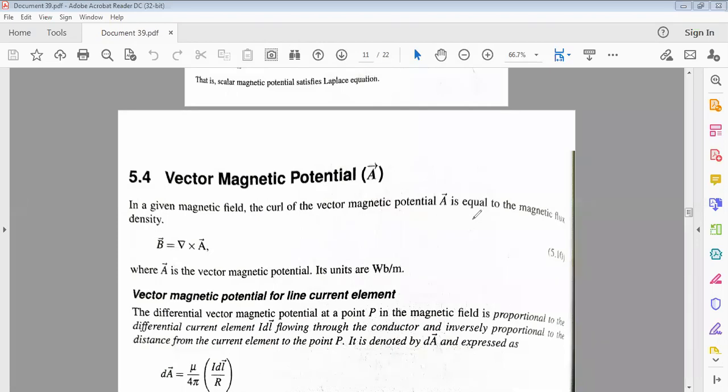Scalar magnetic potential is the Vm, right? This is the vector magnetic potential. And this relation is always very important: B equal to del cross A. What is the relation between A and B? This A and B are not a sequence in alphabetical order. There is a strong relation between B and A as B equal to del cross A in electromagnetic field theory.